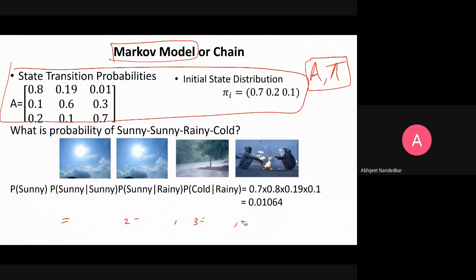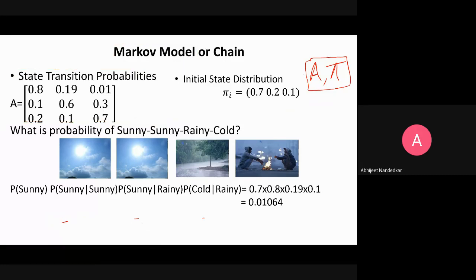Now we will use the property of the Markov chain, that our current event or status will affect the next one, or the future event will depend only on the current event. So when I start my problem, I have the question sunny, sunny, rainy, cold.